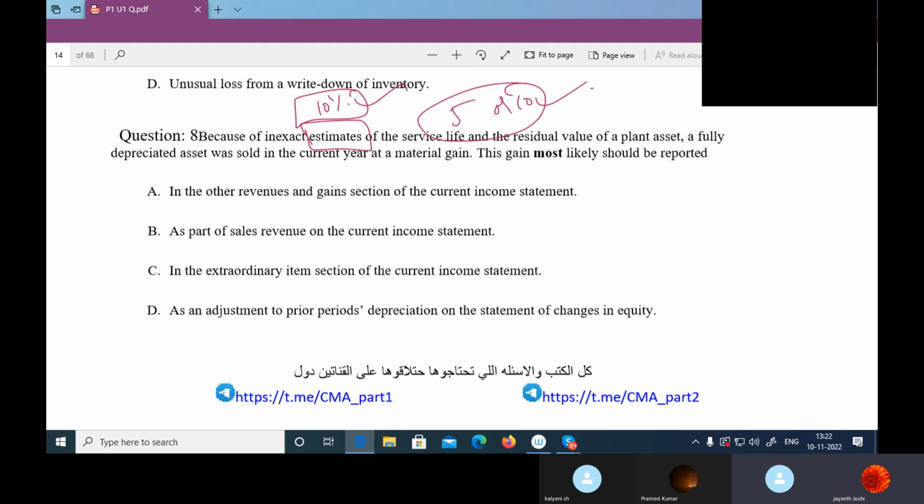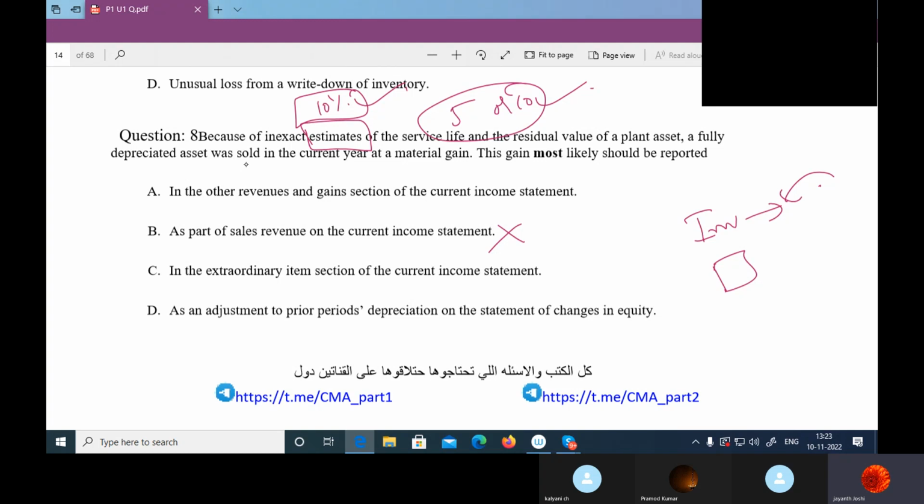In the current income statement. No. How come it's sales revenue? See, whenever you sell inventory, you get revenues. That's a part of sales revenue. But when you sell some asset which you are holding for some years, you sell it. So that's called profit on sale of asset.